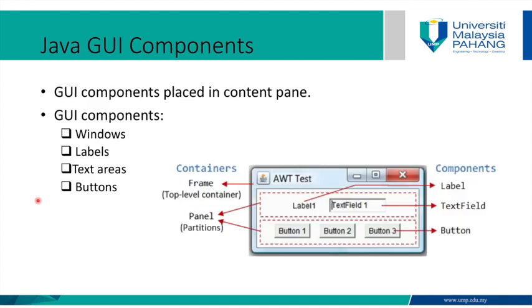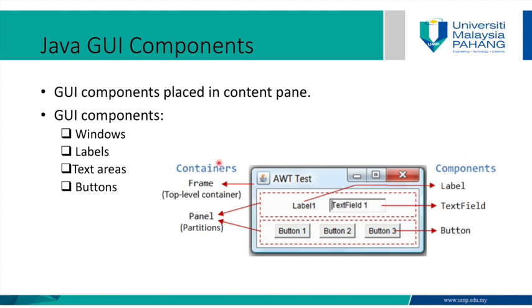So for Java GUI components, there should be two main things that you have to remember. First, the containers, and then second one is the components.